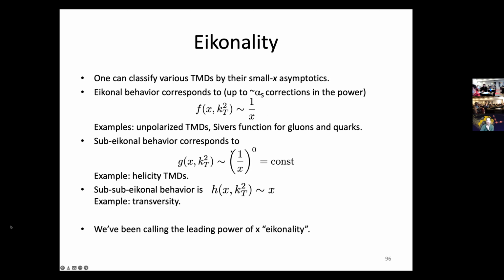There are sub-eikonal TMDs which scale as 1/x to the power 0, as a constant at small x. I'll give you some examples now, but the helicity TMDs are one such example. And then there are further sub-eikonal ones, like transversity, which go to 0 as x goes to 0. So we can talk about eikonality as this power of x.